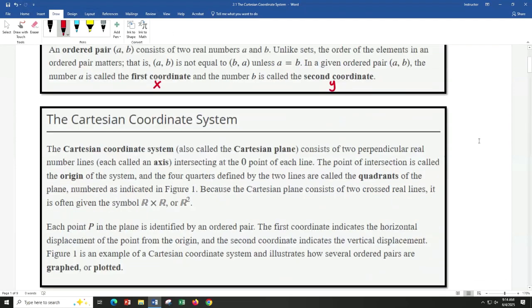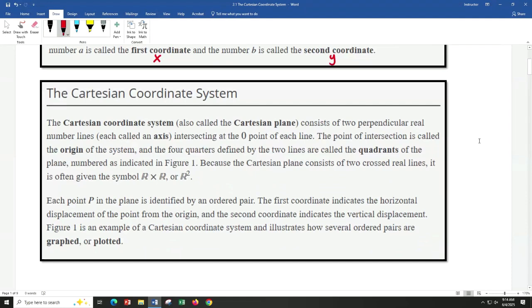Ish. The Cartesian coordinate system, also called the Cartesian plane. We call it a plane for a reason because it is a plane. If you add in another variable, you become a space, 3D. Okay, you will not learn about that until you get into Cal 3, for those of you who go that way. It consists of two perpendicular number lines, each called an axis.